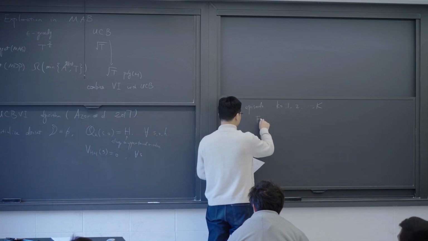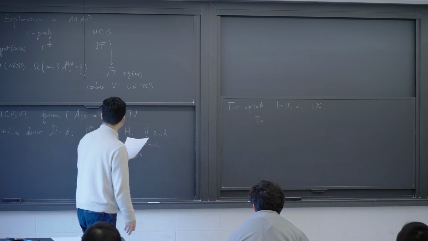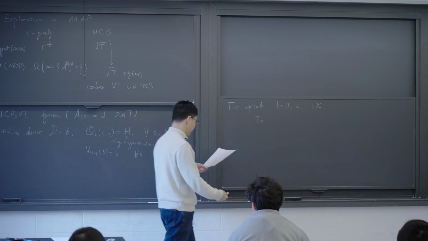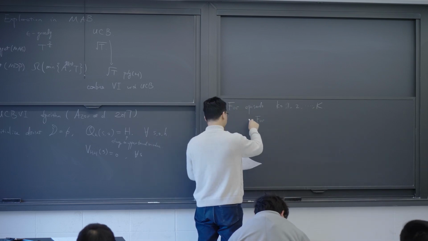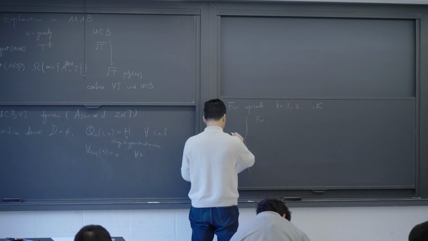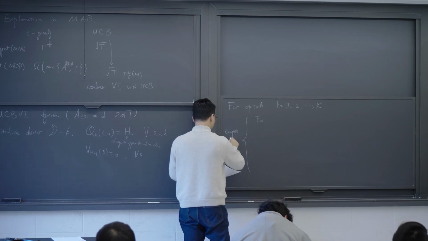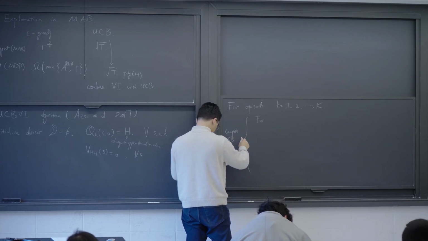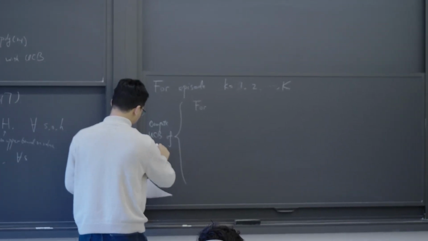The first step is calculating the UCB of value, the upper confidence bound of value at each step. So this is about computing UCB of values.